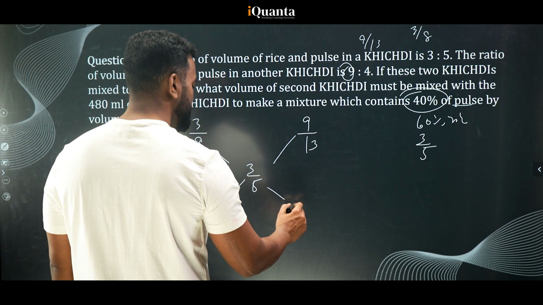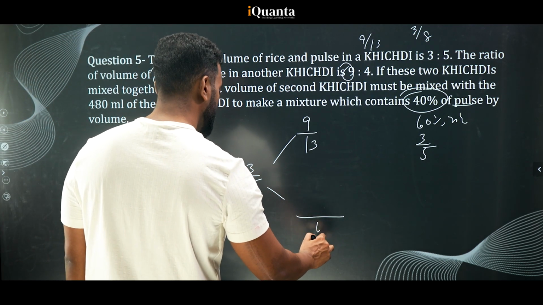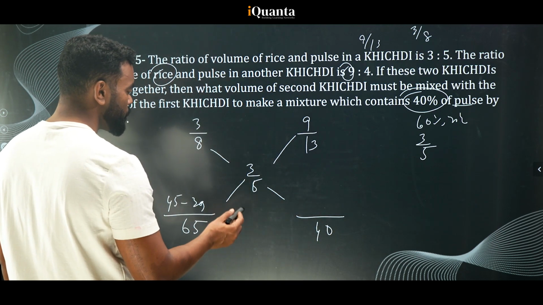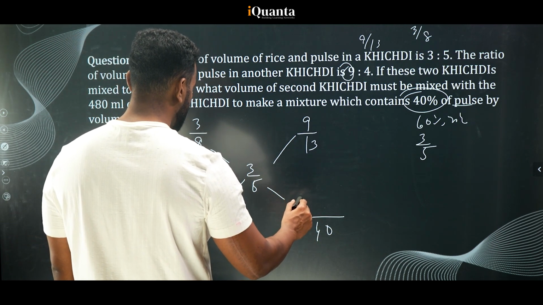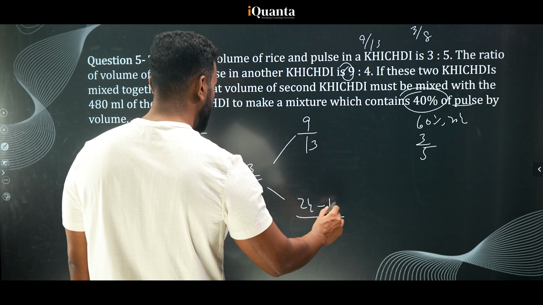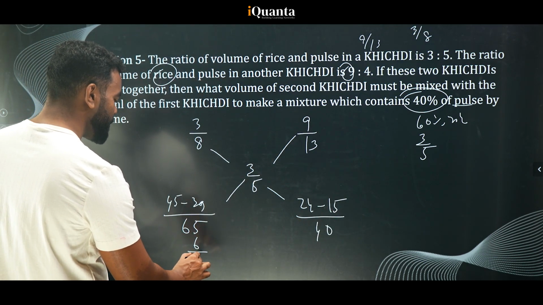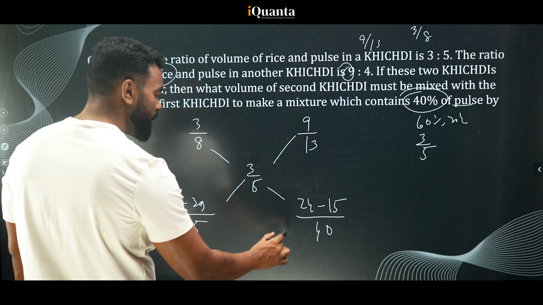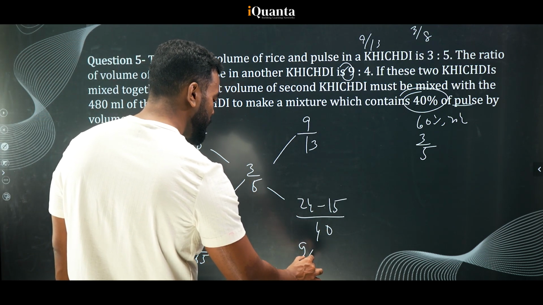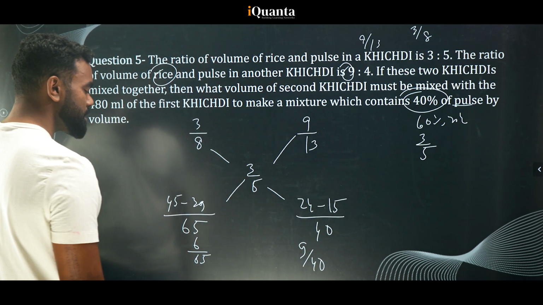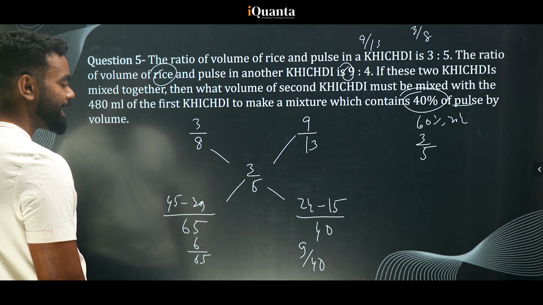And here this is 3/5 minus 3/8, so that is 40. So 8 times 3 is 24 minus 15. Okay? So 45 minus 39 is 6/65, and here we get 9/40. So 6/65, 9/40. Now you need to find the ratio.